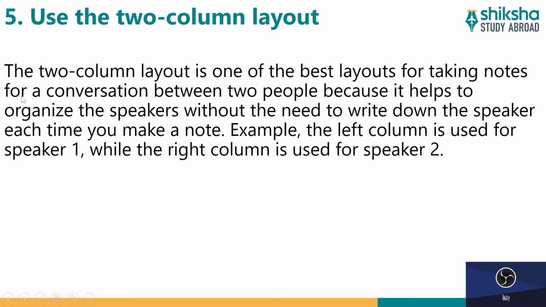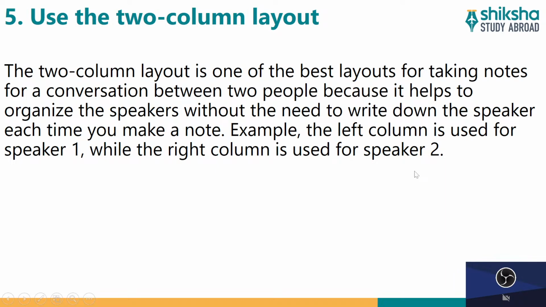Use the two-column layout. The two-column layout is one of the best layouts for taking notes for a conversation between two people, because it helps to organize the speakers without the need to write down the speaker each time you make a note. For example, the left column is used for speaker 1, while the right column is used for speaker 2.